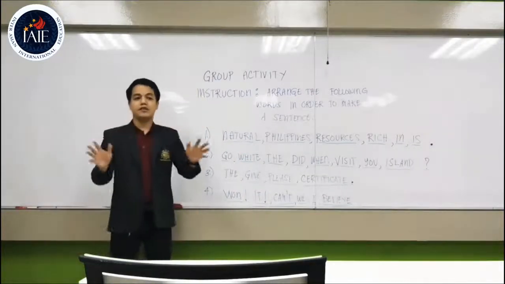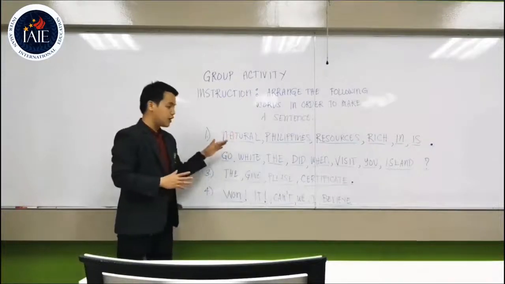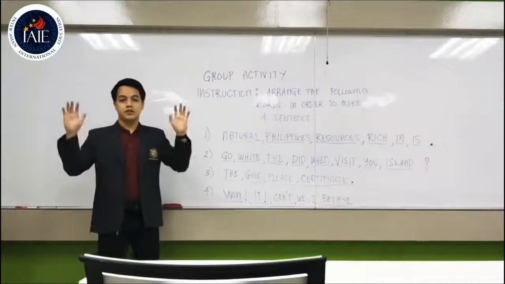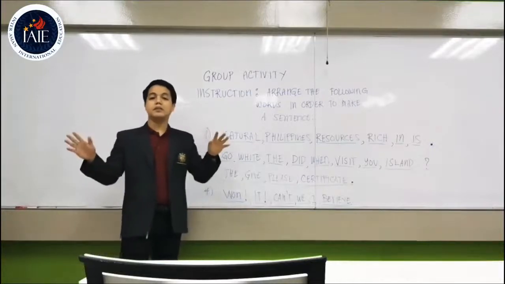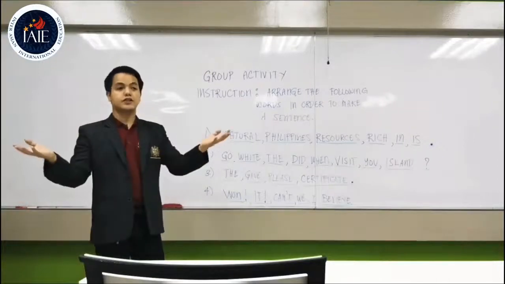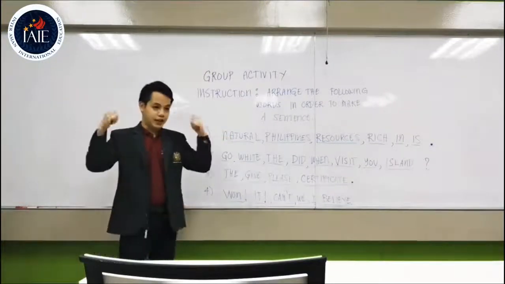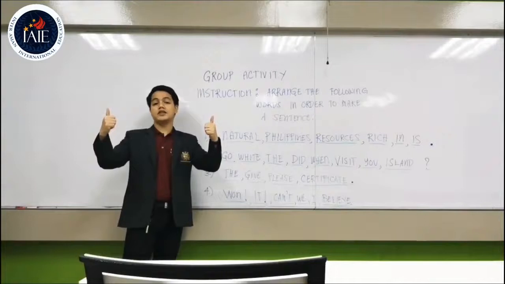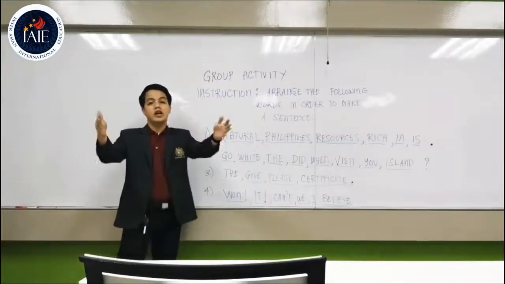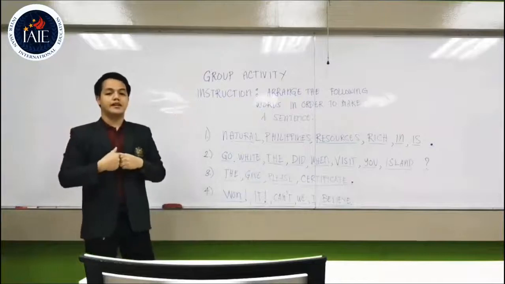I will give you 5 minutes to discuss within your group, and after 5 minutes, I will collect the paper and we will discuss this together. Do you understand the instruction? Okay, if you don't have any questions, you may start now.